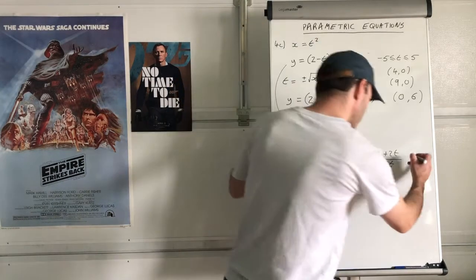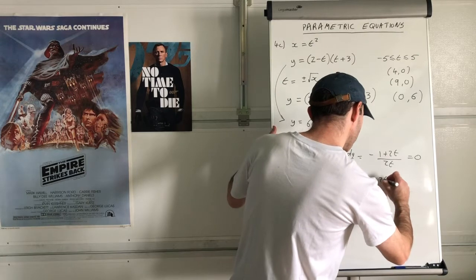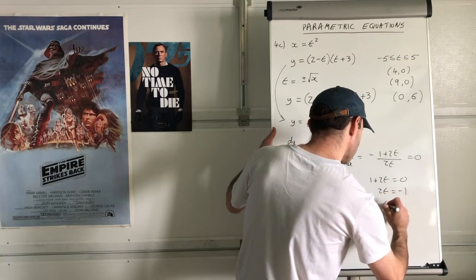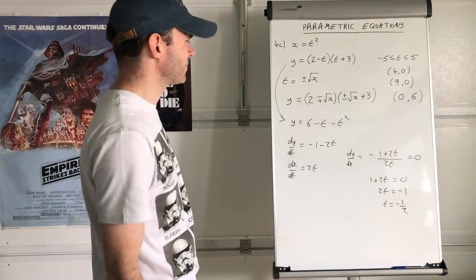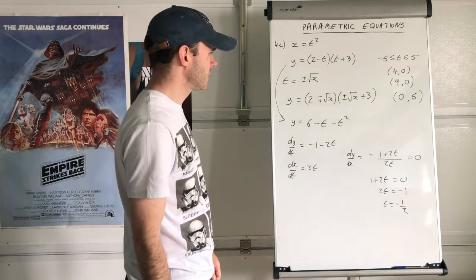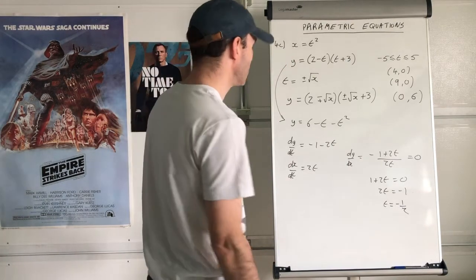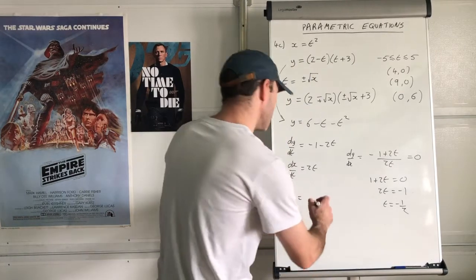That is equal to 0, of course, when 1 plus 2t on the top is equal to 0. So 2t equals negative 1, t equals negative half. Okay. So what's the x value going to be? The x coordinate is going to be t squared, which is 1/4.